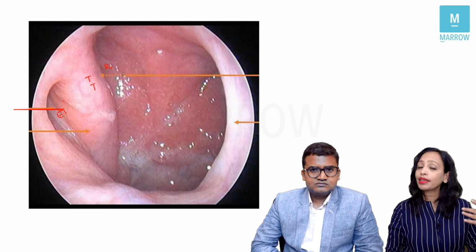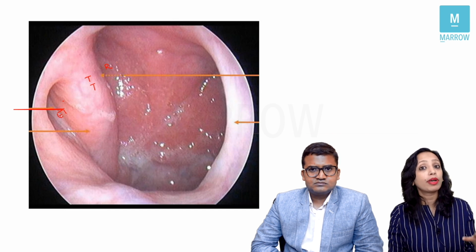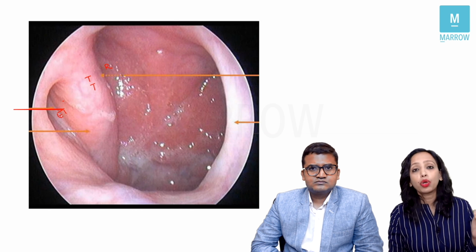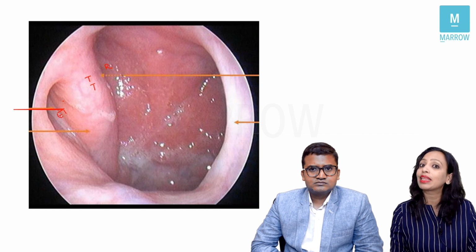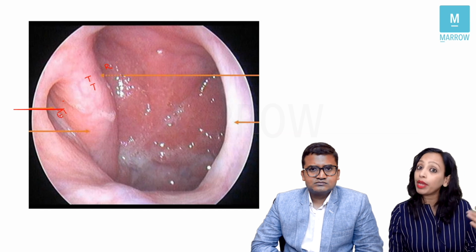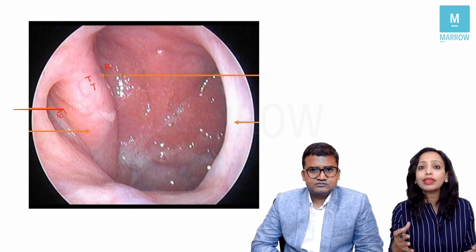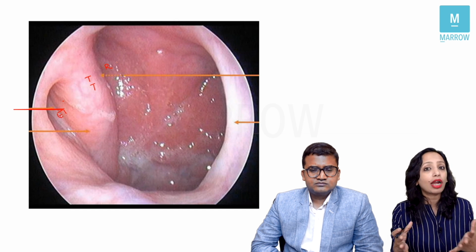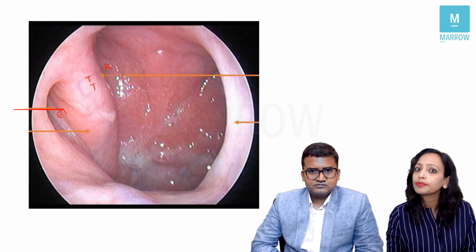Also, there can be multiple nerves involved in the nasopharyngeal carcinoma spread, which are asked in your exam. So, where are these nerves which can be involved? The 9th, 10th, 11th, 12th cranial nerves can be involved. The sympathetic chain can be involved, leading to Horner's syndrome. So, all this you need to remember in nasopharyngeal carcinoma. Where are these nerves in relation to the nasopharynx?